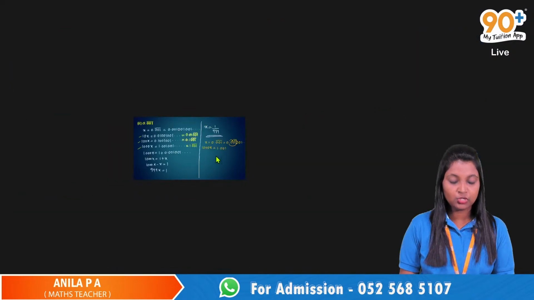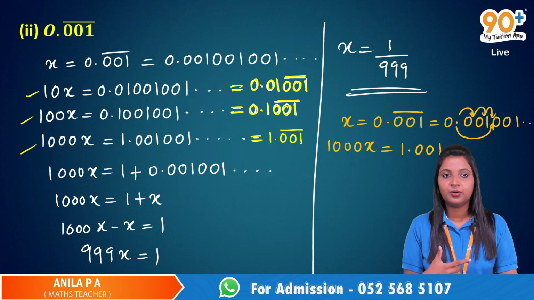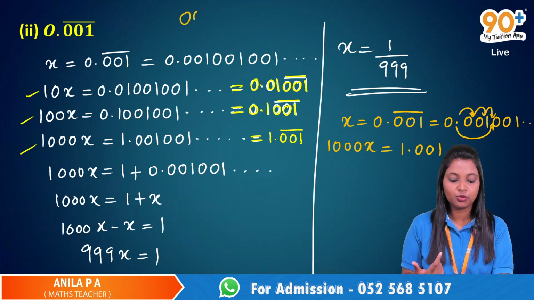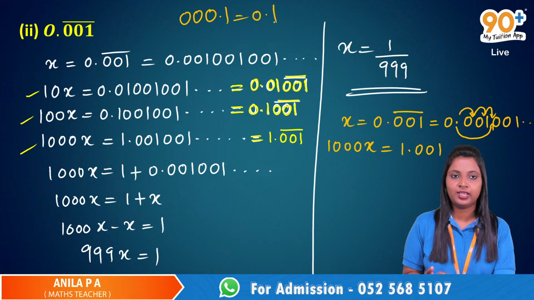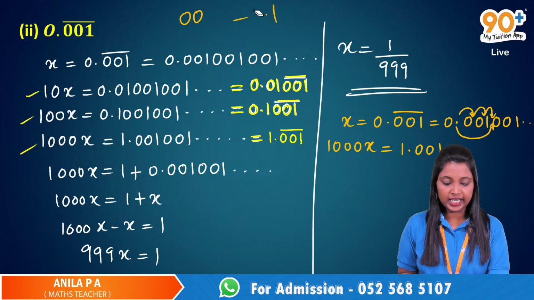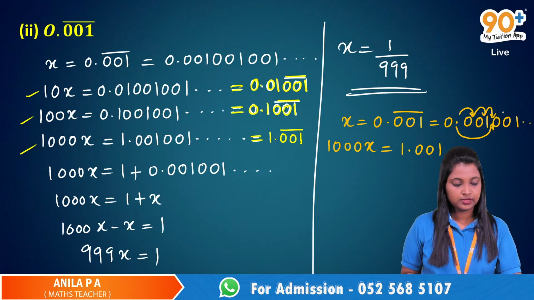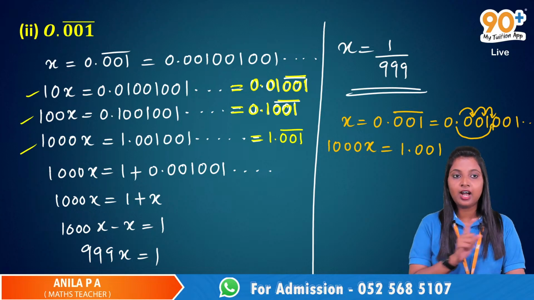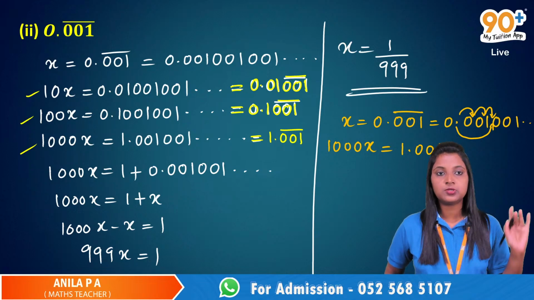But here we have 0.001. So what is going to happen with the zeros? If it was 0.000 point, like something like this, we just write it as 0.1 only. You can just ignore the zeros and focus on this 1. We are putting this decimal after this 1. That's it. You can just directly take 1000x.